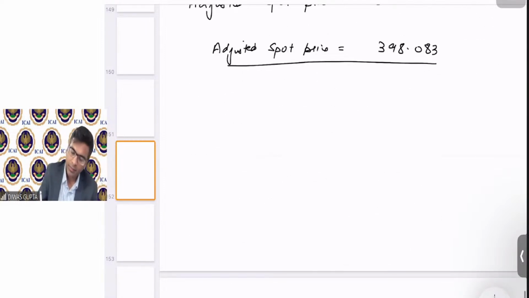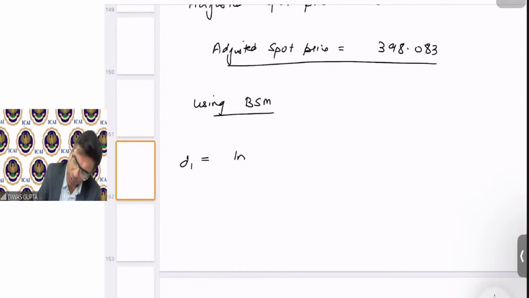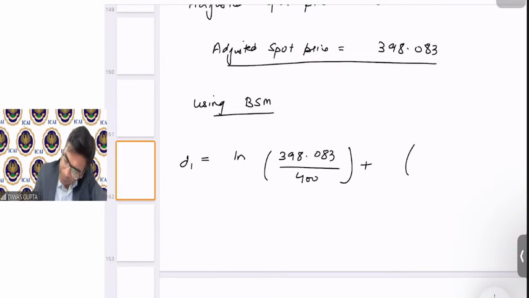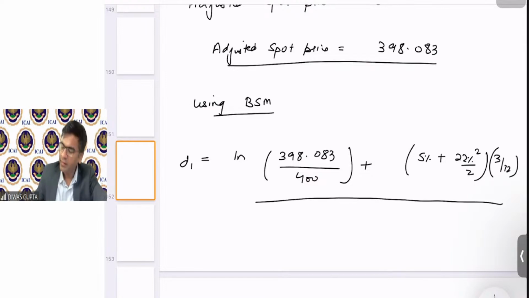Now let's apply the Black-Scholes model. D1 is equal to natural log of 398.083 divided by 400 plus 5% plus 22% raised to the power 2 divided by 2 multiplied by time to expire, which is 3 by 12. Again, the same. The next part is always the same.